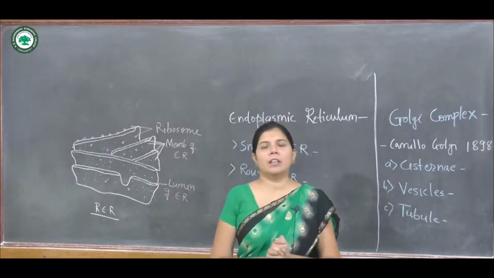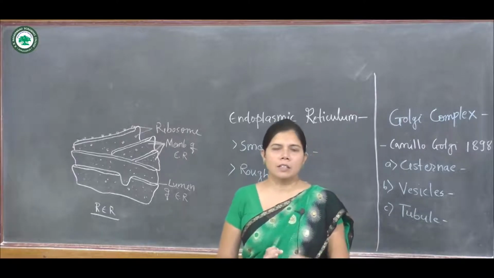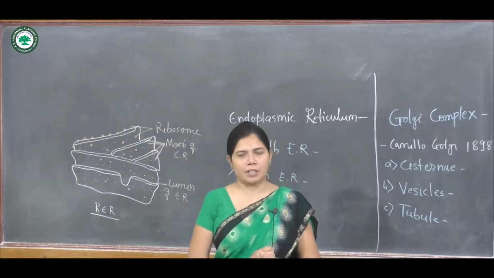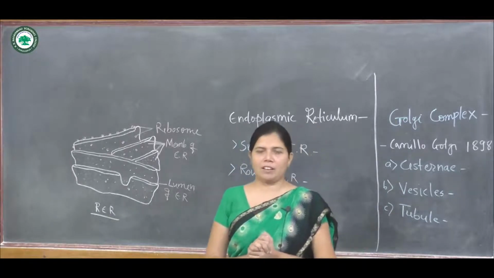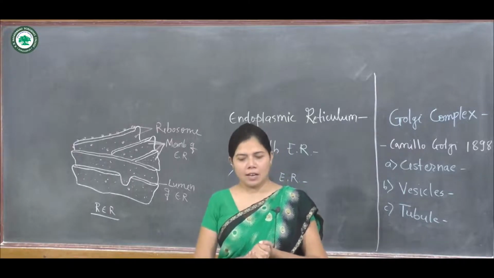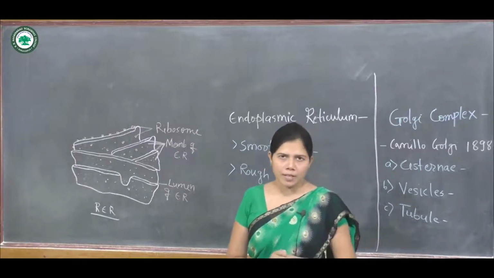We know that in the typical cell the nucleus is present as well as the cellular organelles, and the endoplasmic reticulum is one of the cellular organelles present in the cytoplasm of the cell. It is a little network within the cytoplasm.